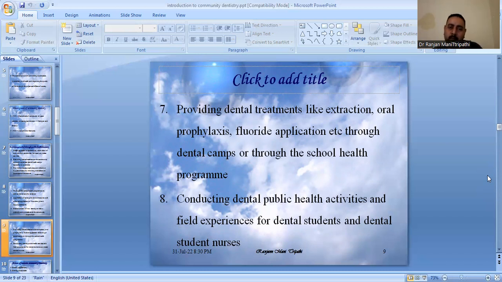It provides dental treatments like extraction, oral prophylaxis, fluoride application, etc. through dental camps or through the school health programs. Conducting dental public health activities and field experiences for dental students and dental student nurses.